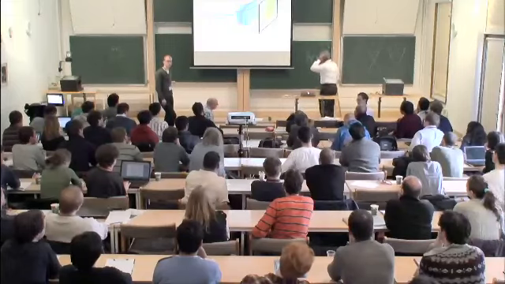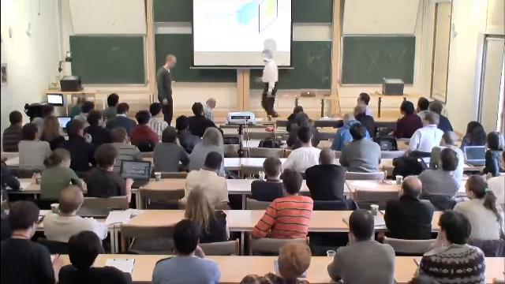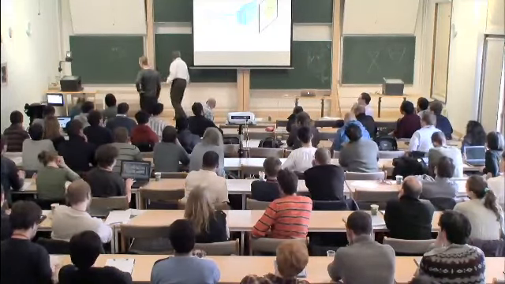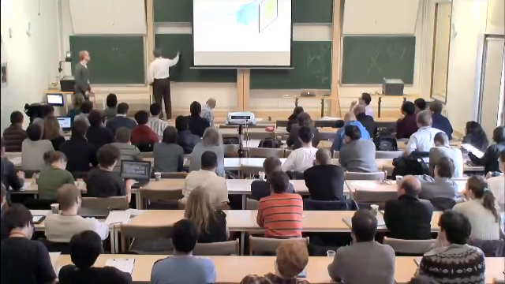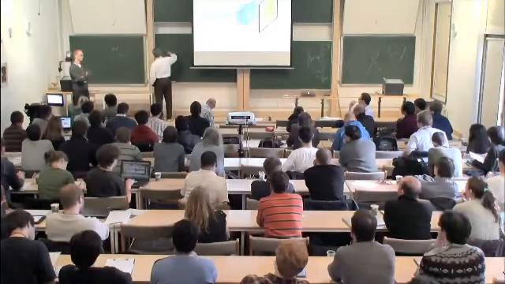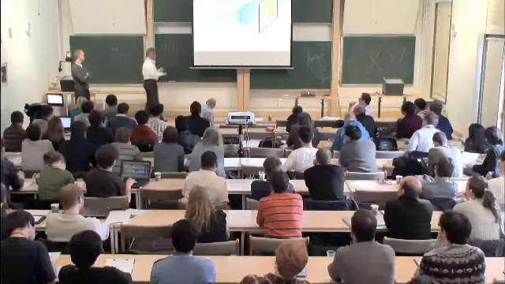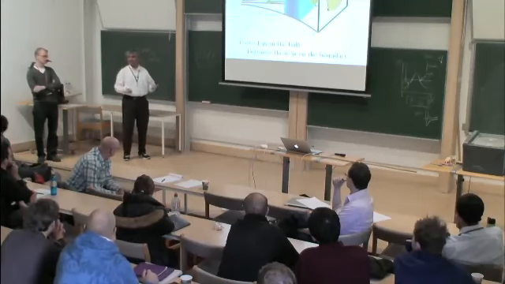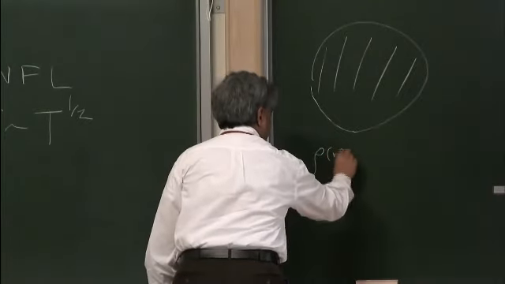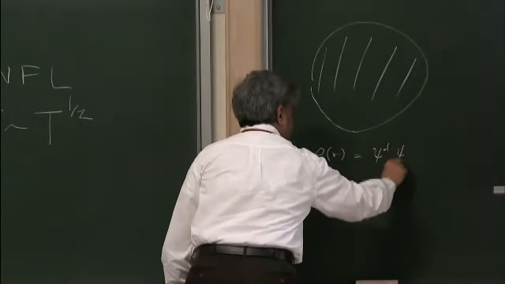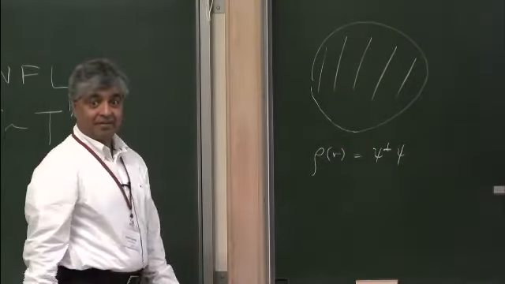Now, suppose I have a non-Fermi liquid. I can't compute the Fermi Green's function because that's gauge-dependent. But suppose I define a charge density, rho of r, which is psi dagger psi. This is certainly gauge invariant.